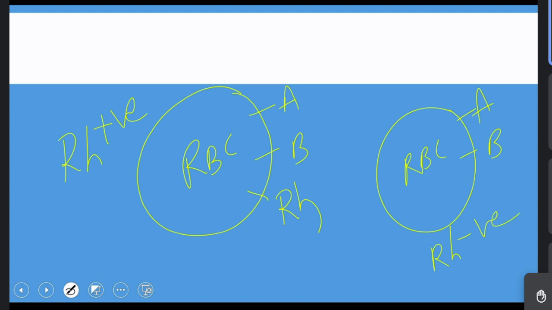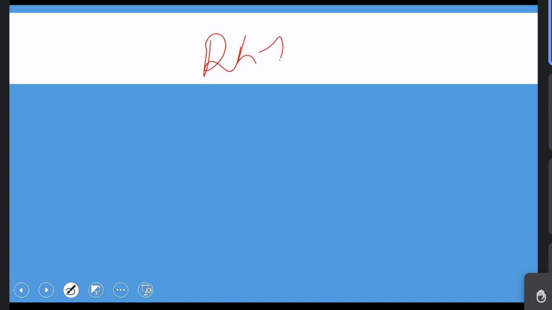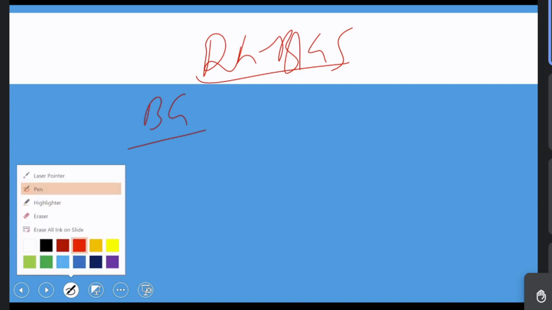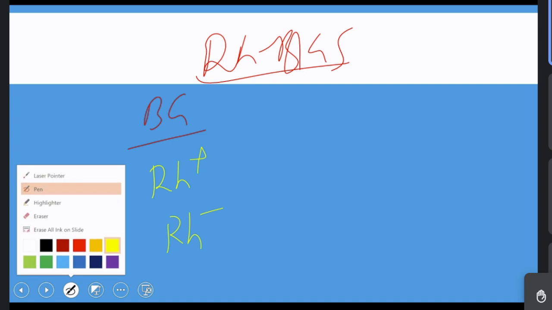So thus we have two types of blood groups in the Rh blood group system: Rh positive and Rh negative. Then what about the antigens?